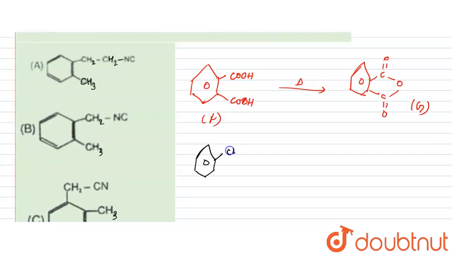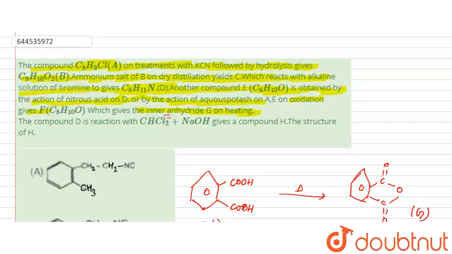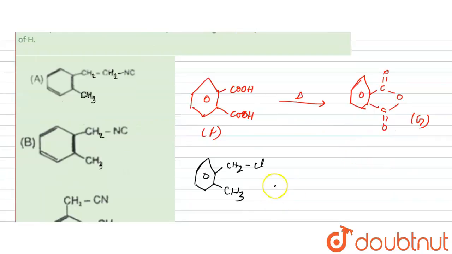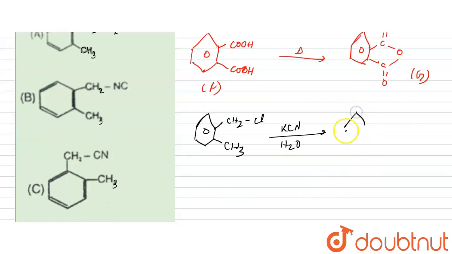So it can be like CH2Cl here and CH3 here. Now when you treat this with KCN and hydrolysis is done, you get the formation of an acid here. This has CH2COOH, and finally you have CH3 here, right?